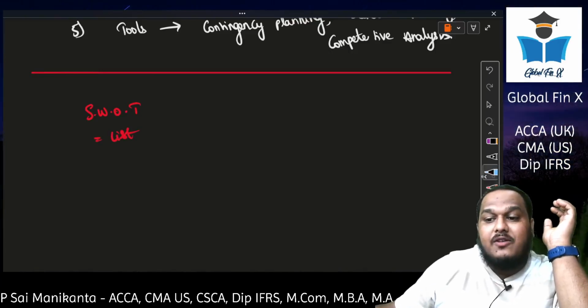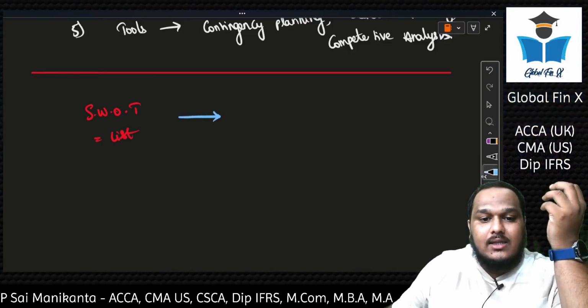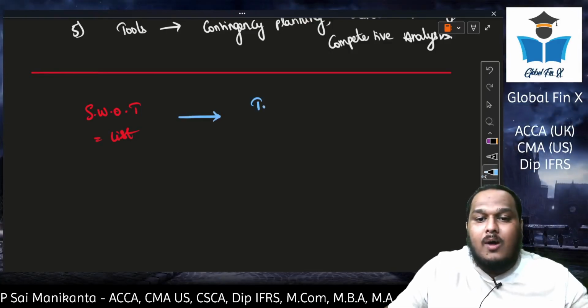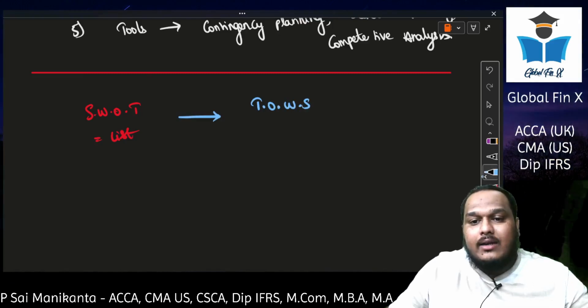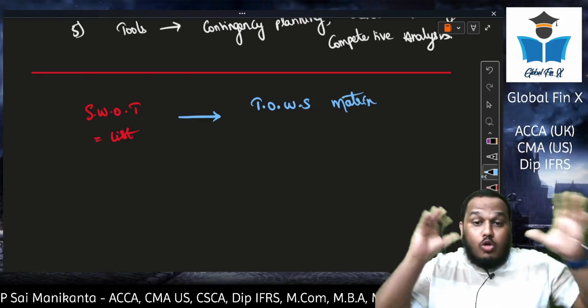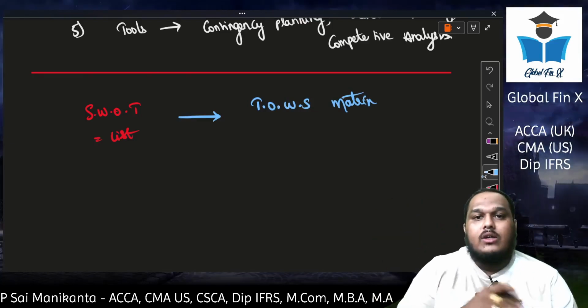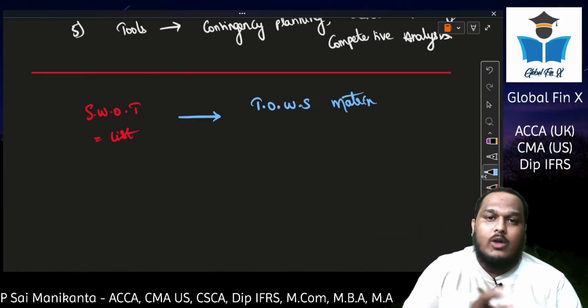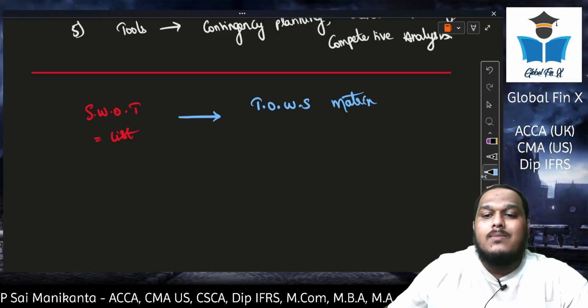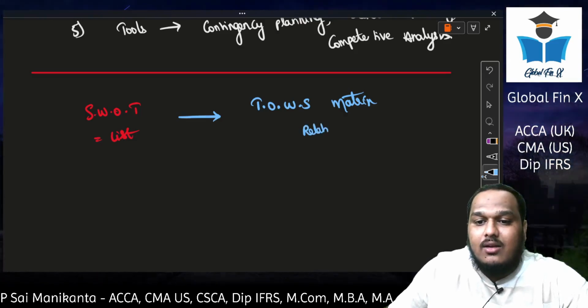See, this has been further enhanced. Later on, this SWOT analysis has been enhanced to form something called the TOWS matrix. Nothing out of the box here, just reverse. SWOT in reverse: SWOT, TOWS, the reverse, as simple as that. So what is the TOWS matrix? The TOWS matrix is relational.